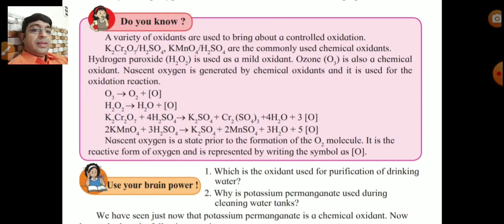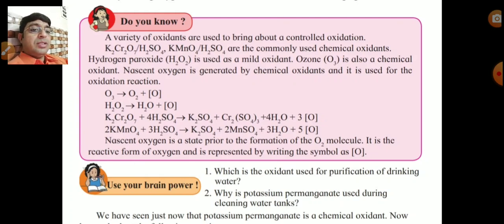Next example, KMnO4 potassium permanganate plus sulfuric acid H2SO4 forms potassium sulfate K2SO4 plus manganese sulfate MnSO4 plus H2O water and 5 nascent oxygen.